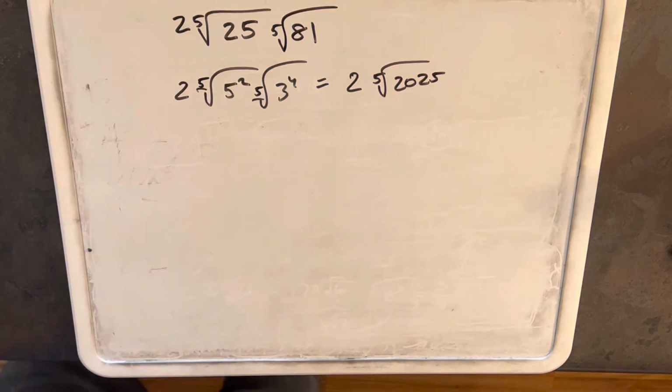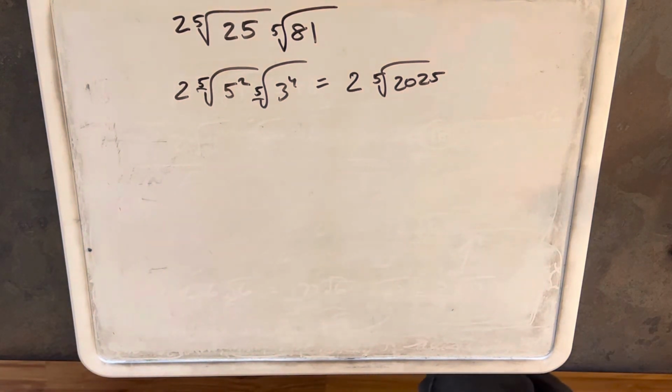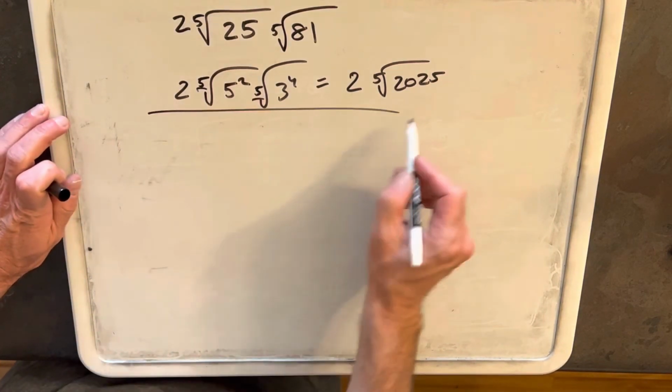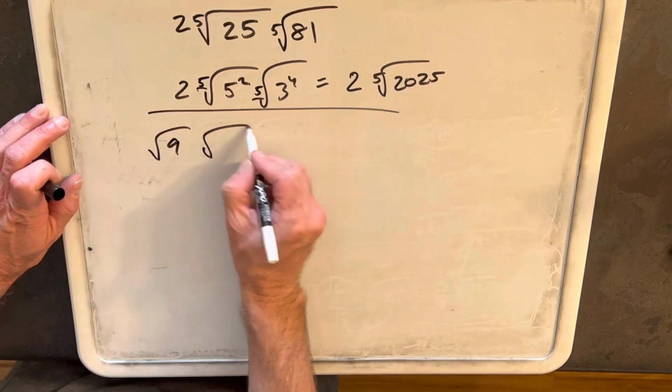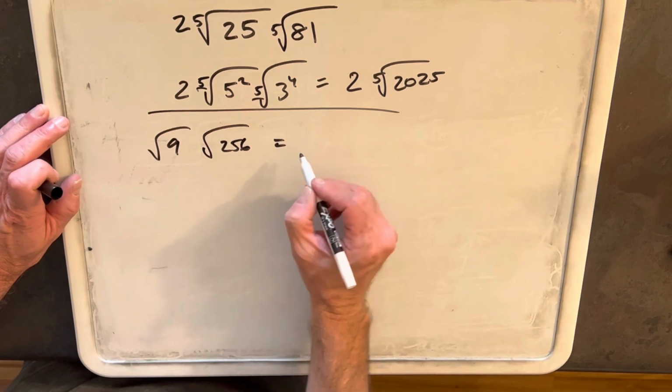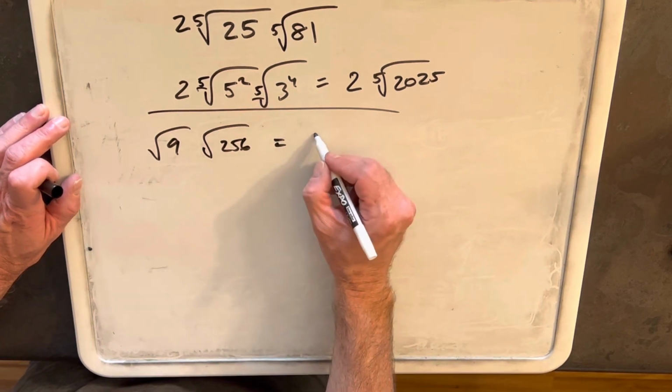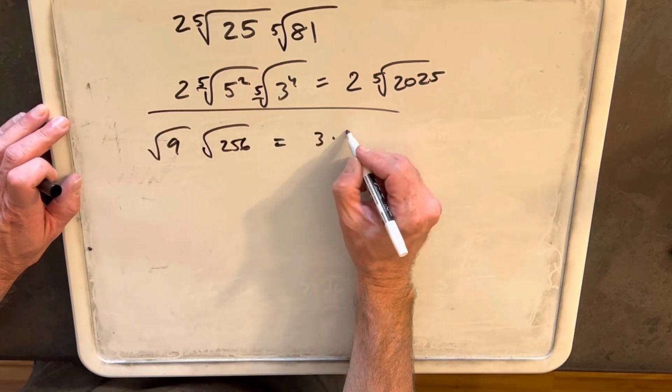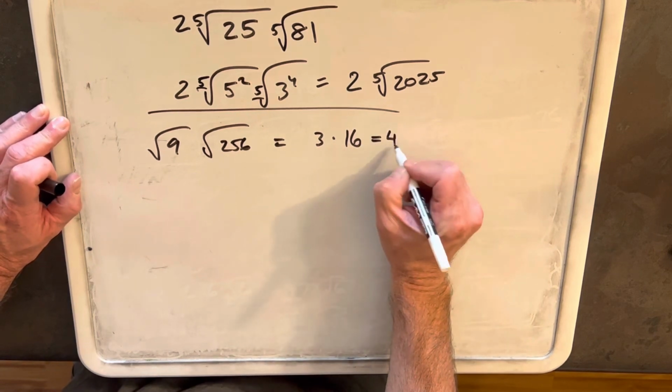Did I do that right? Let's see. Yep, 2025. The hard part was multiplying 25 times 81. Next one, square root of 9 times square root of 256. Square root of 9 is 3, square root of 256 is 16. So that's going to be 48.